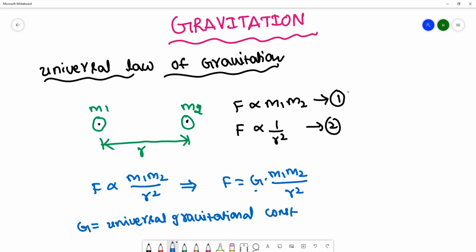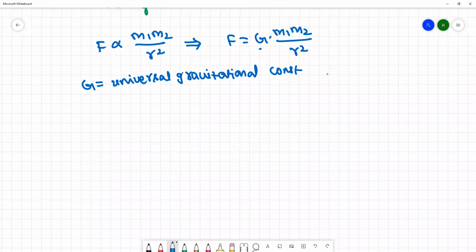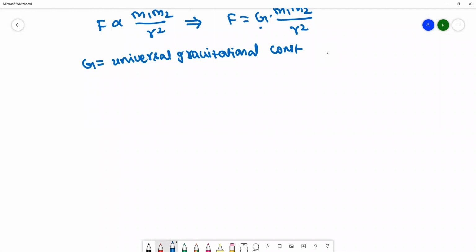The value of G is 6.67 into 10 power of minus 11 Newton meter square per kg square. Very, very important is the dimensional formula of the G value.